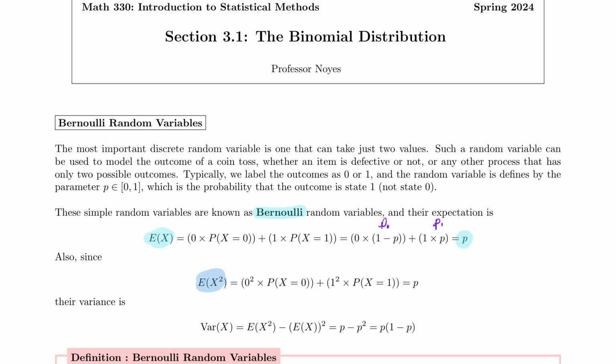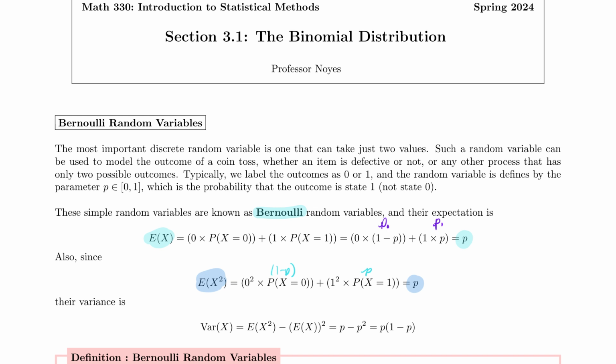Which means here we have 0 squared times 1 minus p plus 1 squared times p. And when we add it all up, again, this time we end up back at p.